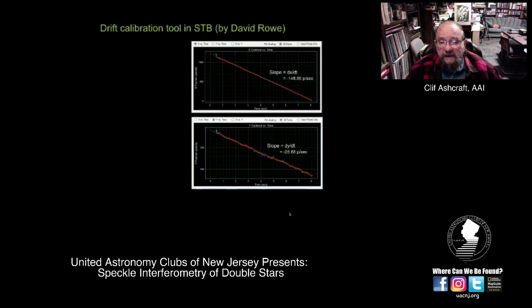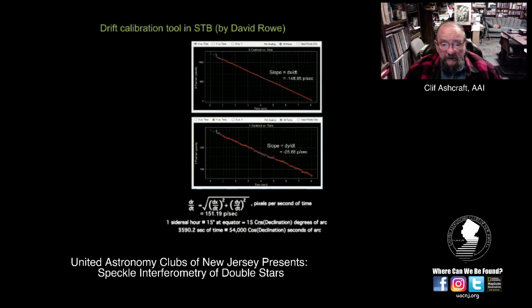In this case, the slope, also negative, is 25.88 pixels per second. Now, from this handy little formula here, you can calculate the actual slope, not in xy, but the direction the star is moving in pixels per second of time, which turns out to be 151.19 pixels per second.